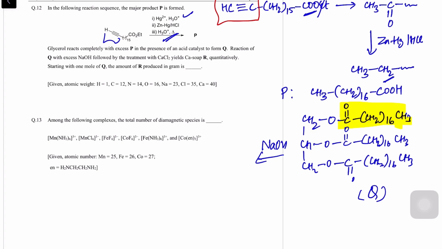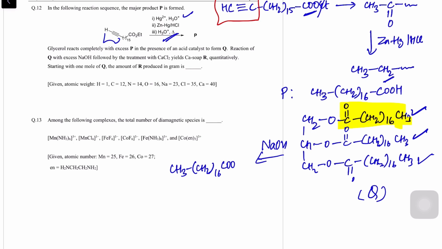Ester hydrolysis in alkaline medium, followed by treatment with calcium chloride yields calcium soap R. So when you hydrolyze molecule Q, all these carboxylate moieties get separated, right? And with calcium chloride they form soap. So the formula of the soap would be CH3 CH2 16, and then here is the carboxylate linkage also.